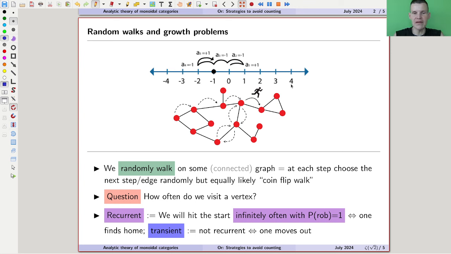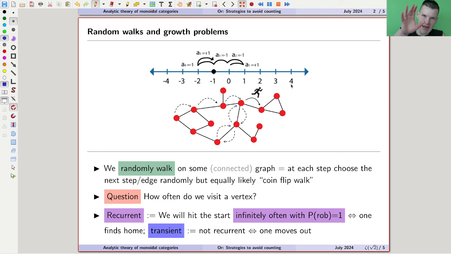Not a Markov chain type random walk, but an adjacency matrix type random walk. So I'm not going to write a 1/2 or something on the edges. I'm really just thinking about a random walk where every edge is chosen equally likely. And we can ask the question, how often do we actually visit a vertex? Let's say I have some start point fixed.